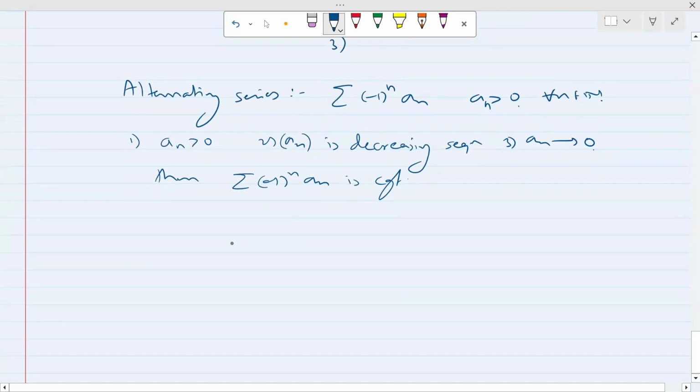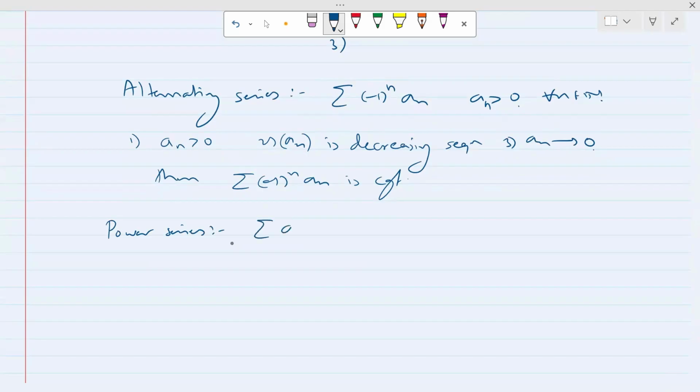Apart from this, we have also learned something called a power series. A series of the type summation of a_n (x minus x0) to the power n, from 0 to infinity. This kind of series is called a power series about x equal to x0.